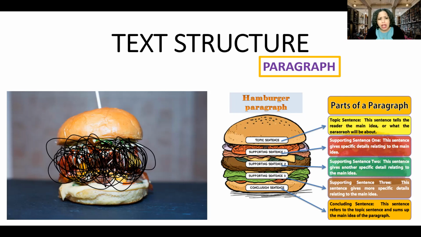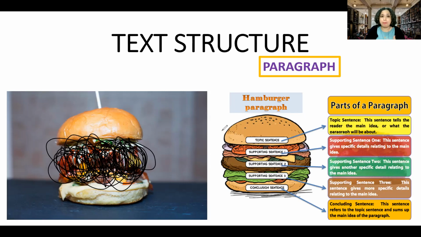So if I want to have all of those ingredients in my hamburger, I need to pay attention. If I want it to be tasty, delicious, amazing for the taste, I need to have everything that is needed in that hamburger to be that delicious.